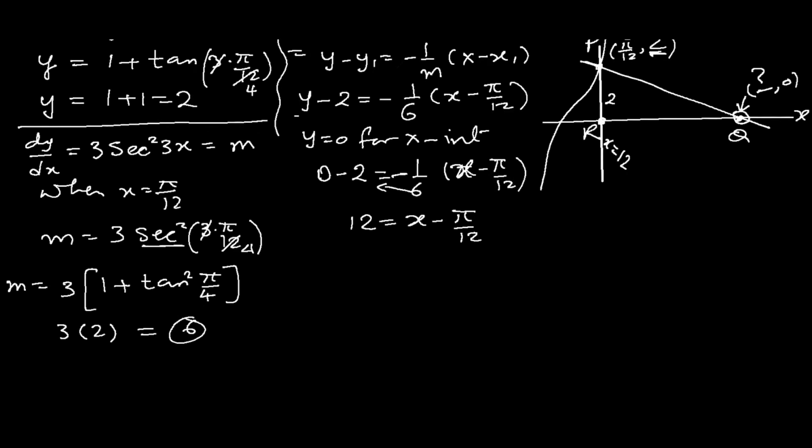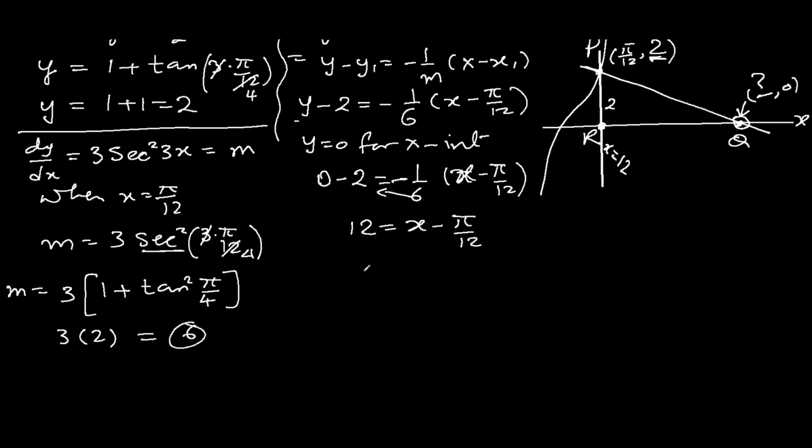What do we get here? Let's bring pi by 12 over, so 12 plus pi by 12 equals x. So this x coordinate comes out to be pi by 12 plus 12. The x coordinate at R is pi by 12, and for Q it became pi by 12 plus 12.